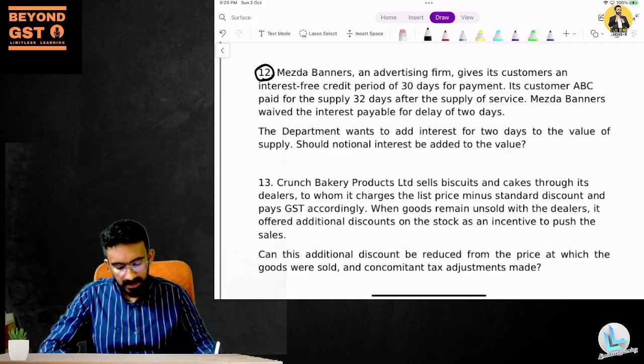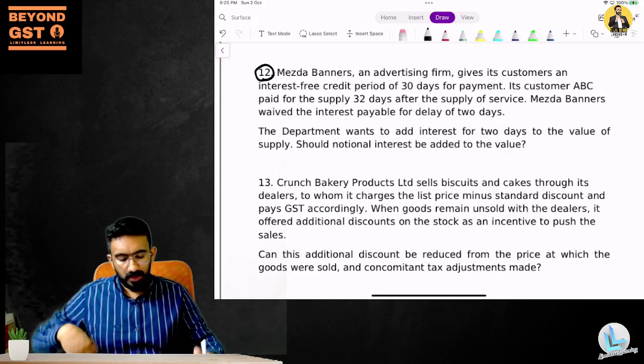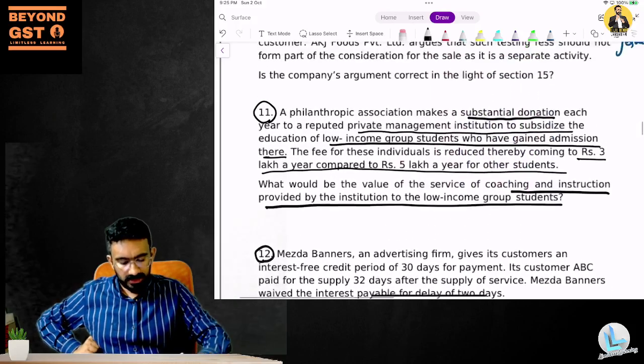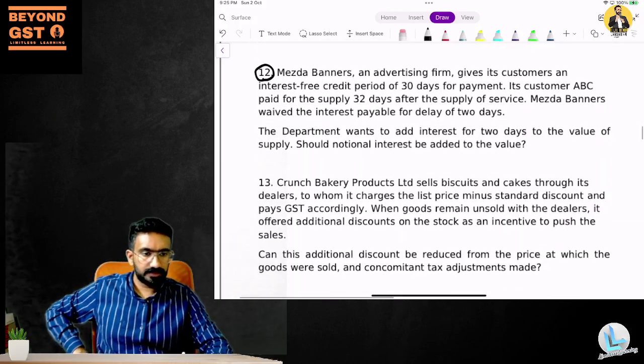Mazda Banners waived the interest payable for delay of 2 days. The department wants to add interest for 2 days to the value of supply. Should the notional interest be added to the value? Which section? Now, what is this question talking about? Please read the question once again at your end.